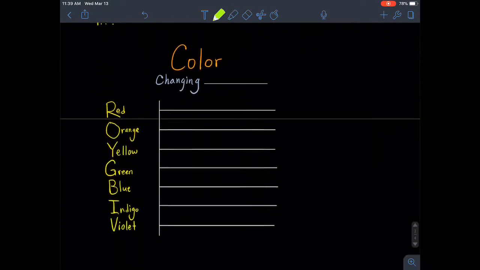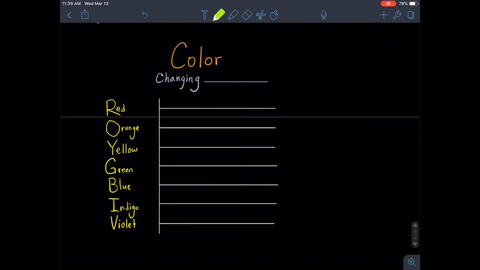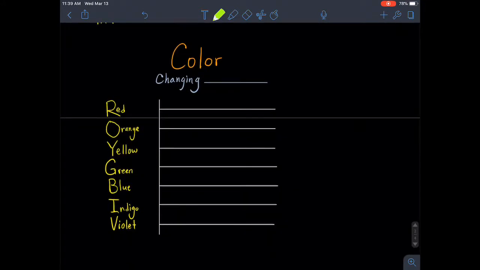So let's dig into what happens when we change the wave attributes of a light wave. If we want to change the color of light, this is pretty wild. You can buy an LED light these days that can turn from red to orange, to yellow, green, blue, indigo, violet with one bulb. You don't need a new bulb for each one because that LED is actually able to change the wavelength that it is emitting.